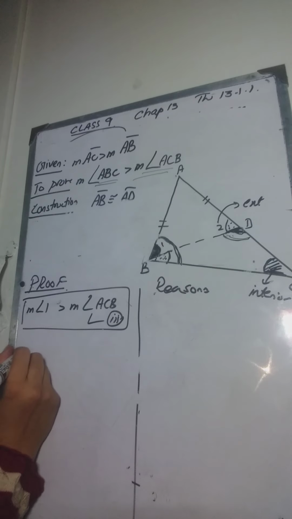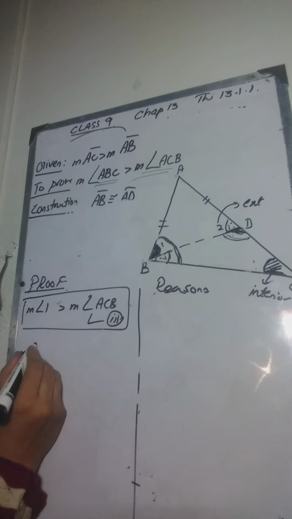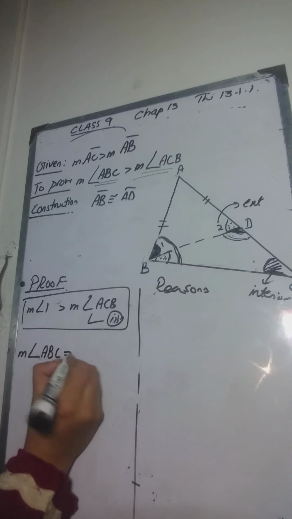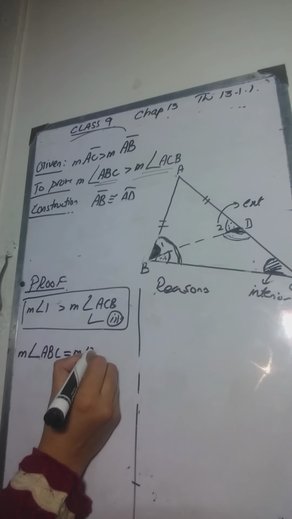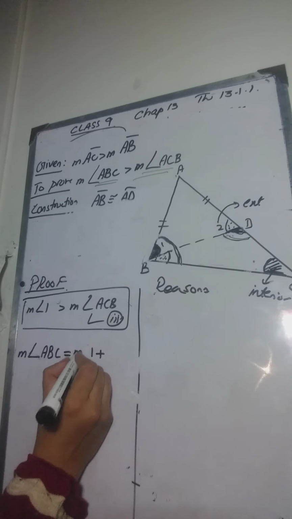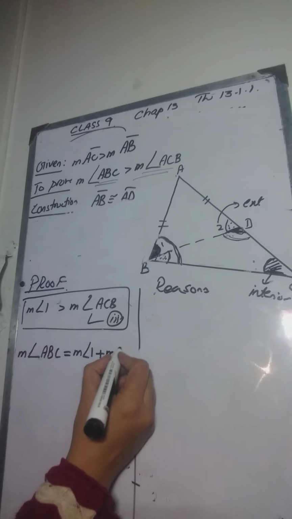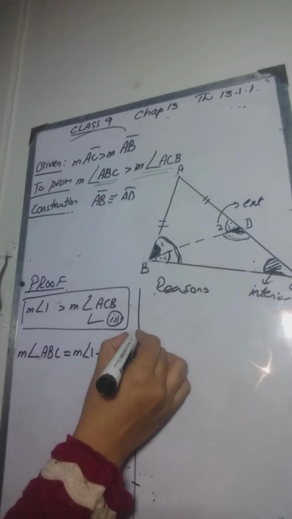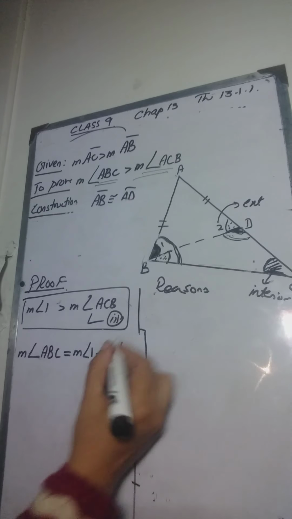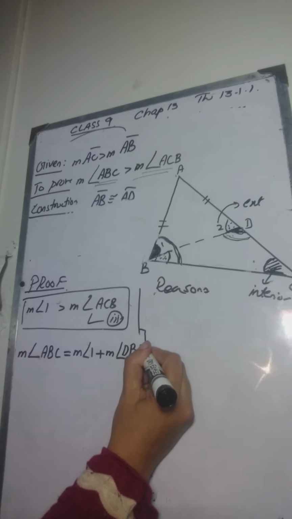Let me write it. The measurement of angle ABC is equal to the measurement of angle 1 plus the measurement of angle DBC.